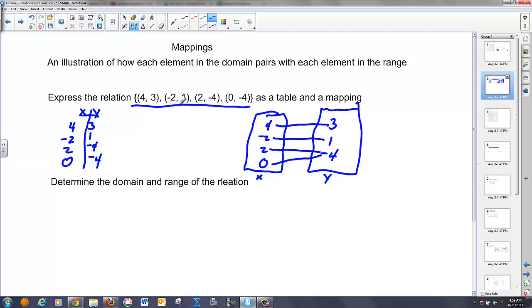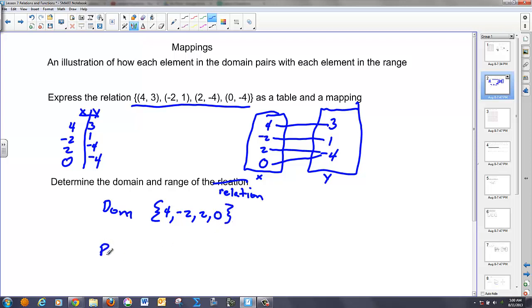If I want to determine the domain and the range of this relation, I find the domain by saying that it is the set of values 2, -2, 4, and 0.